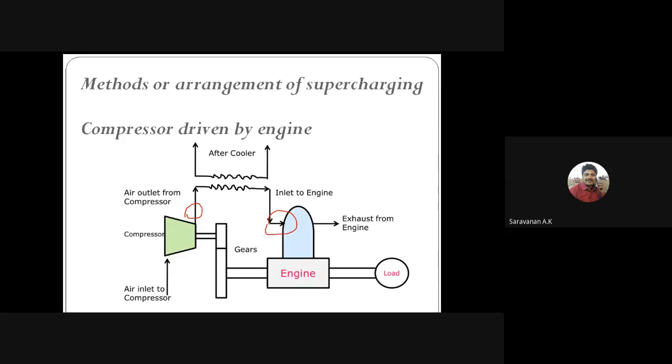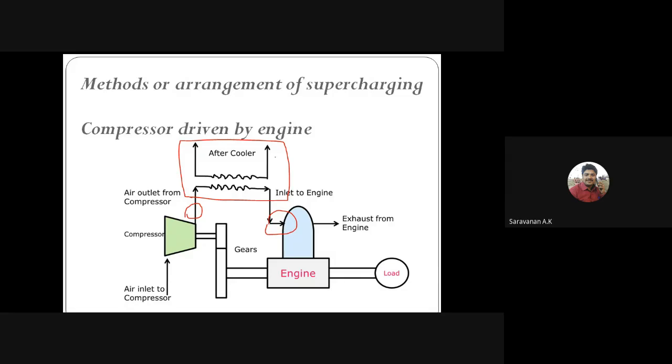We have to use one cooler in between the output from the compressor or supercharger and the inlet to the engine, so there we can use a small air cooler.